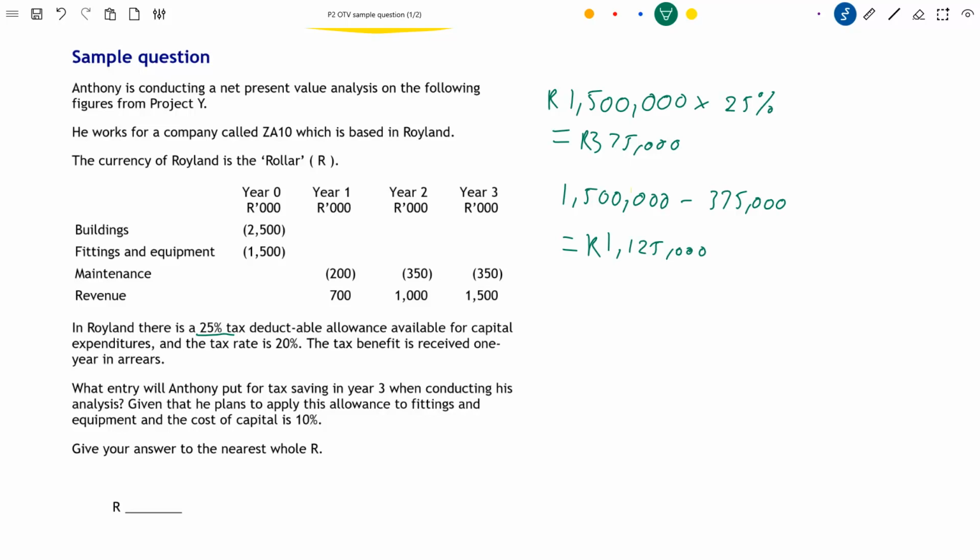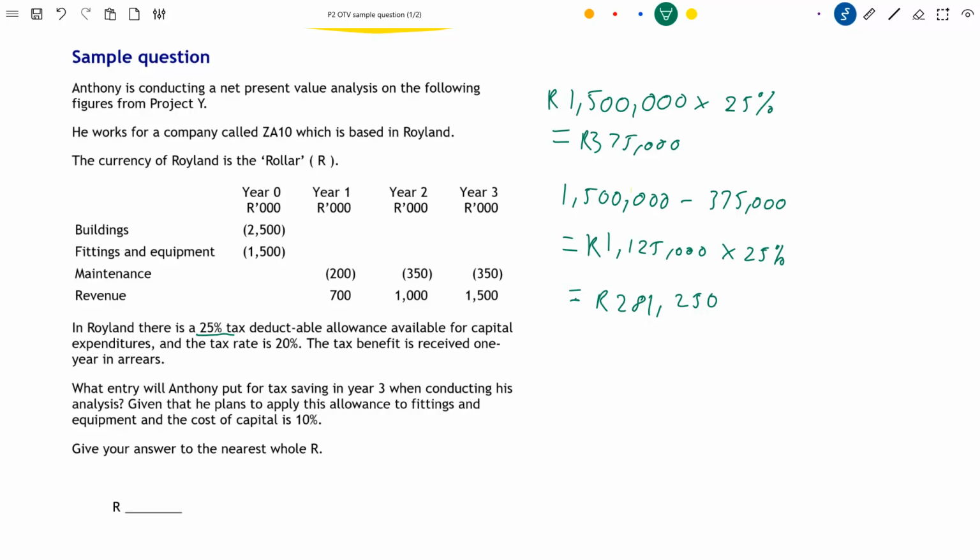And so this is the capital expenditure that we can now apply the tax deductible allowance for year 2, which again is 25%. So $1,125,000 multiplied by 25% gives us $281,250.